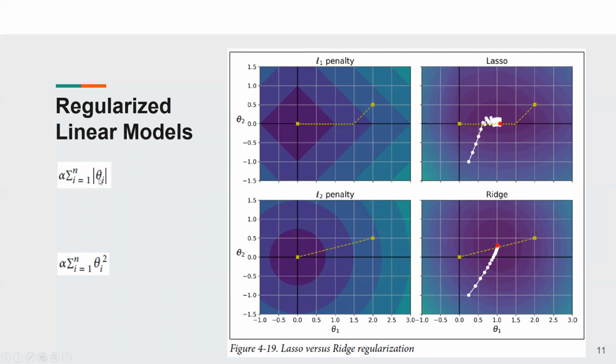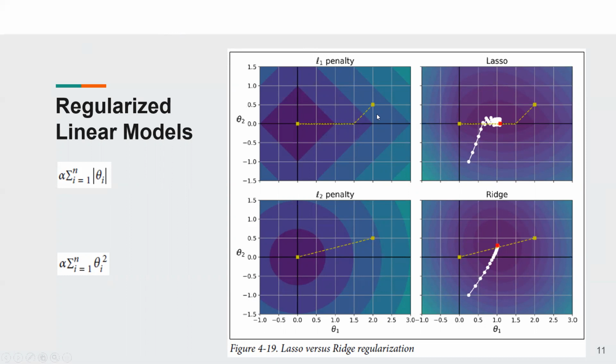If you look at this function form, it should be alpha times the absolute value of theta 1 plus the absolute value of theta 2, which should be a square. That's exactly why it's a square.